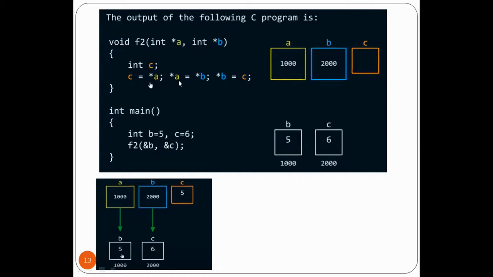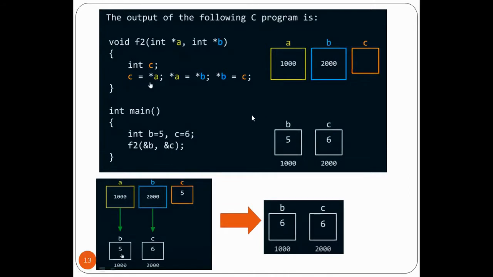Now coming towards the next line, *a is equal to *b. In pointer b we have the value 2000, right? It will go to 2000 and access the value of this address, which is 6. So now what will happen?